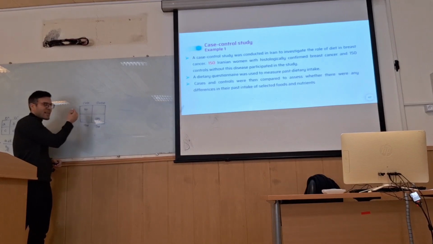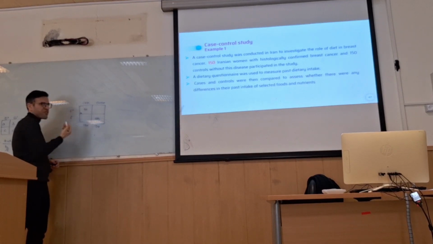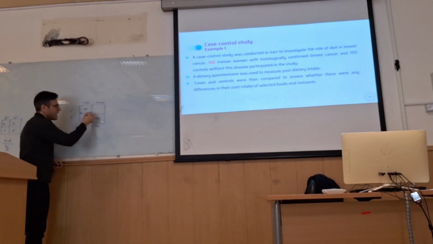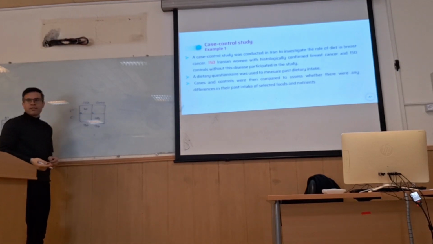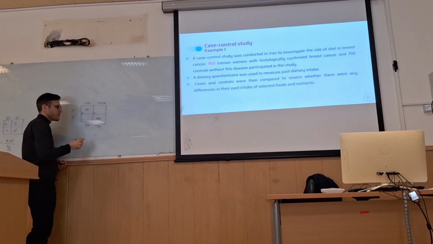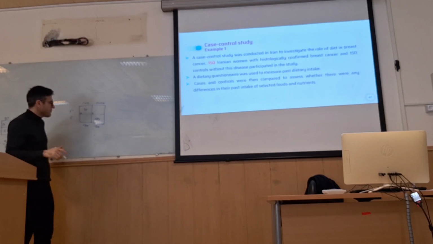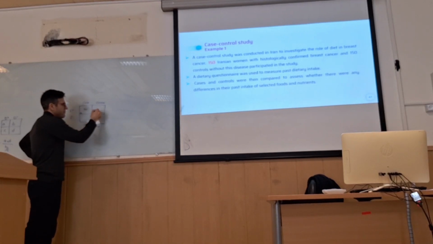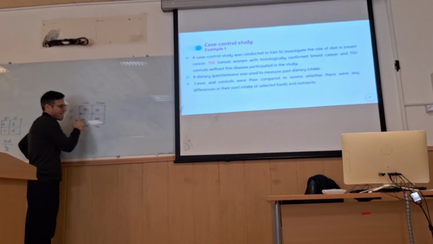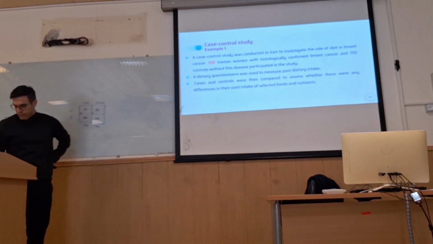Number cell A is 50. B, C, 100. Please calculate odds ratio.